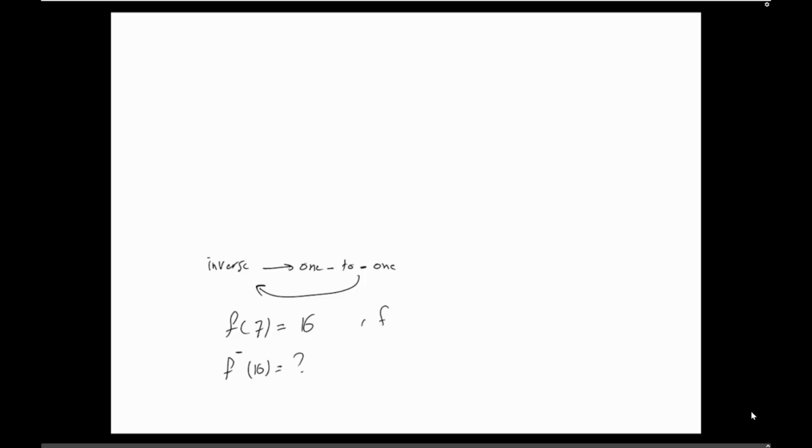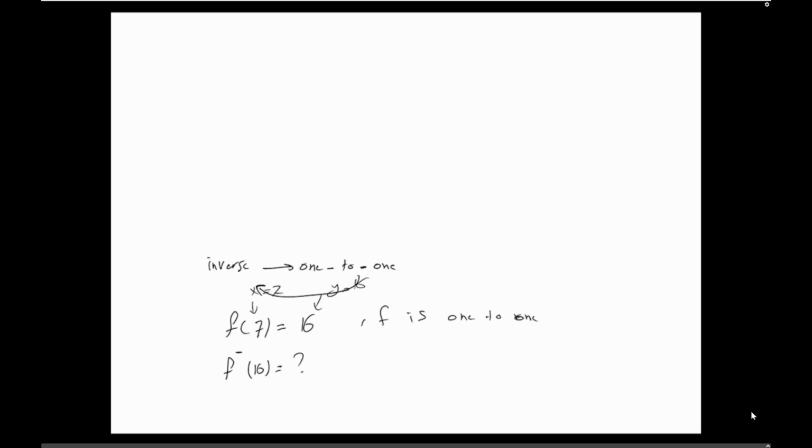And it says f is one-to-one. So whenever we have something like this, and it has given us the function, in which case x equals 7 and y equals 16 over here.